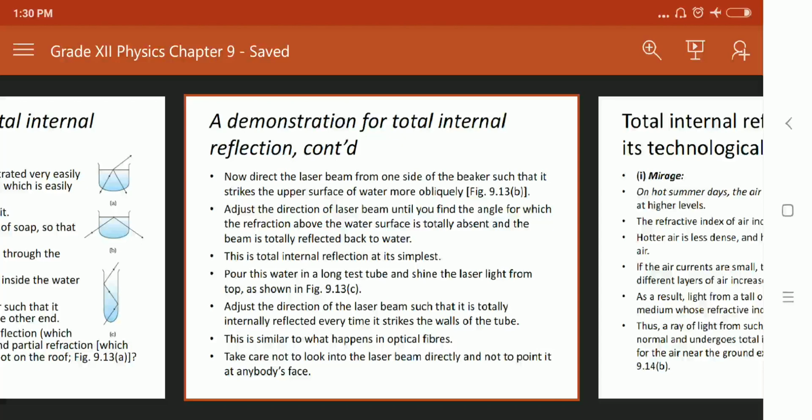It is traveling based on total internal reflection. The pattern which you have observed in diagram C, from the test tube, shows how this light ray is propagating based on total internal reflection. This is the same manner in which light propagates through the fiber optic cable. In the fiber optic cable, light is propagating based on this fundamental total internal reflection.